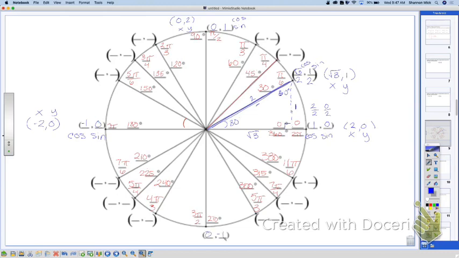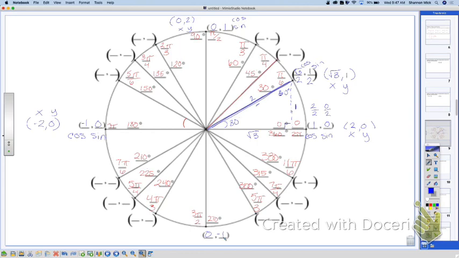We are not going to think about this as 2 because it reduces to what? 1. So from here on out, you're going to do 1, 0, 0, 1, negative 1, 0, and 0, negative 1, because we just reduced those down and we're not going to have to do it anymore.